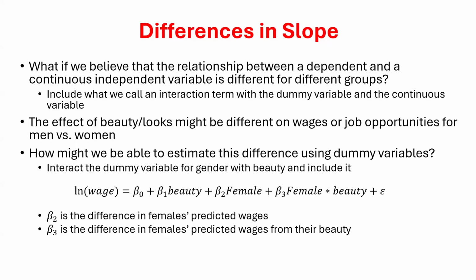But if they're female, when beauty goes up by 1 unit, it also gets multiplied by a 1, and we would also have added in that coefficient on the interaction term. Sorry, I drew this at the same point. It should have started out down here, right? All right. So I not only can identify the difference in the starting point, I can identify differences in the slope across those two groups.